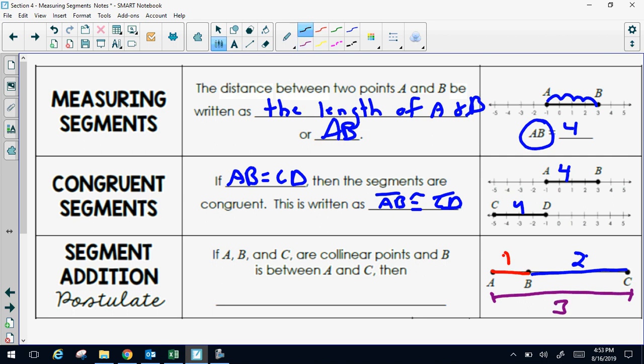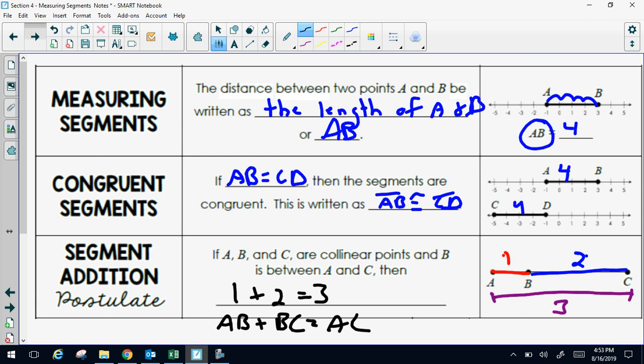The way I explain it is segment 1 plus segment 2 equals segment 3. But in geometry, we don't like to use those numbers, so we say the segments themselves. So the measure of segment AB plus the measure of segment BC should equal the length of AC. That's how we look at it in these cases.